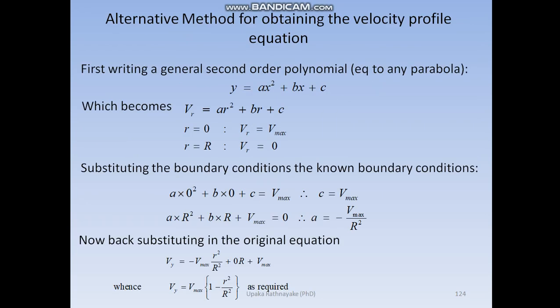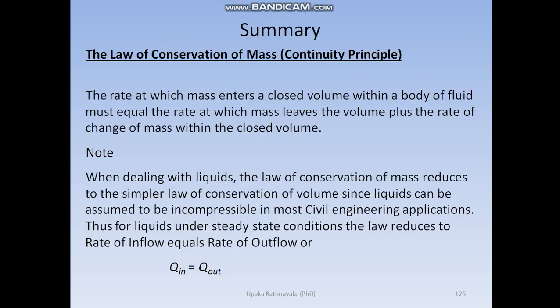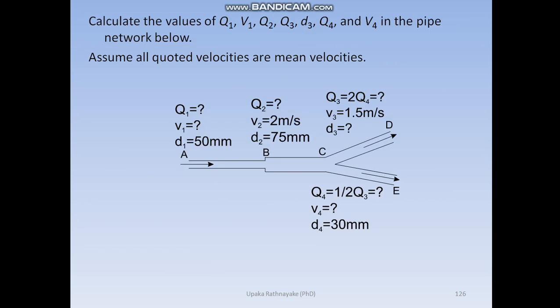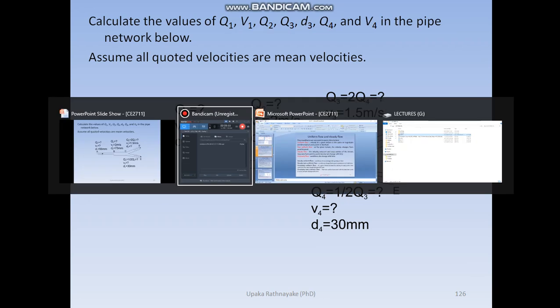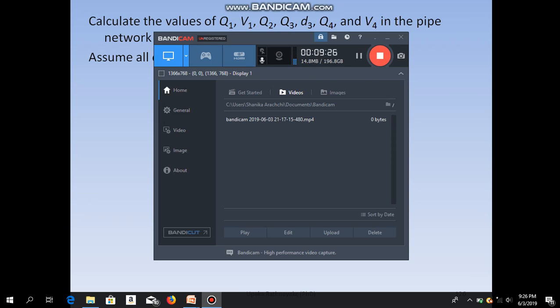Basically, this method considers the simple equation for the parabola, because the velocity distribution is a parabola and you're trying to find what A, B and C are for the parabola. Now that concludes our session for the introduction of flows.